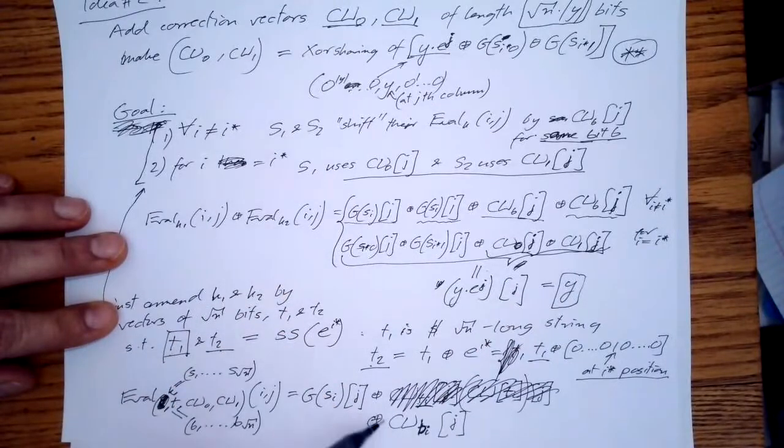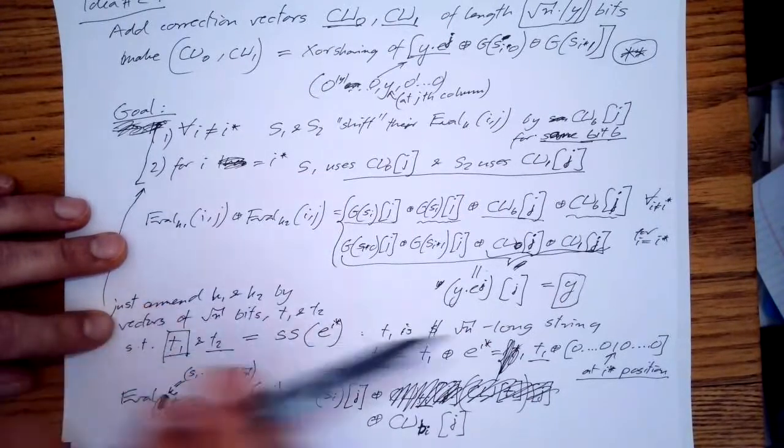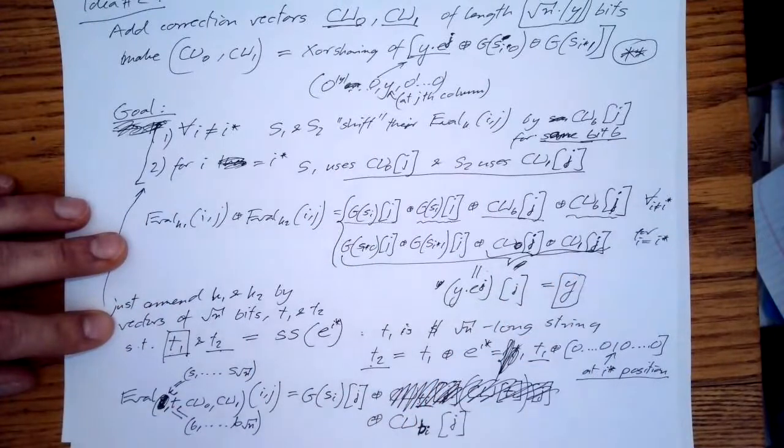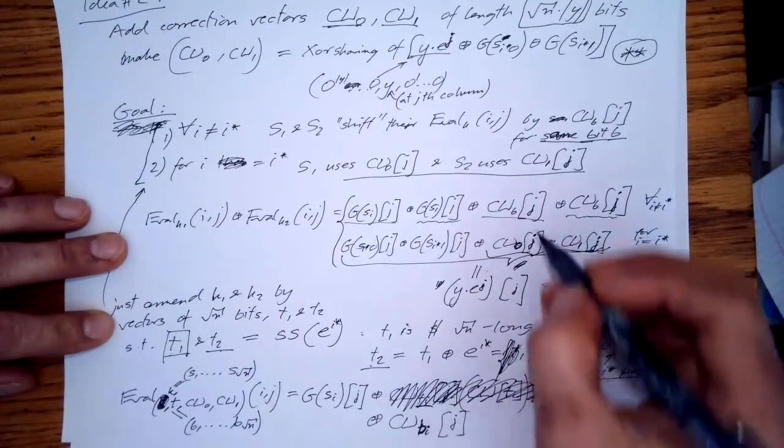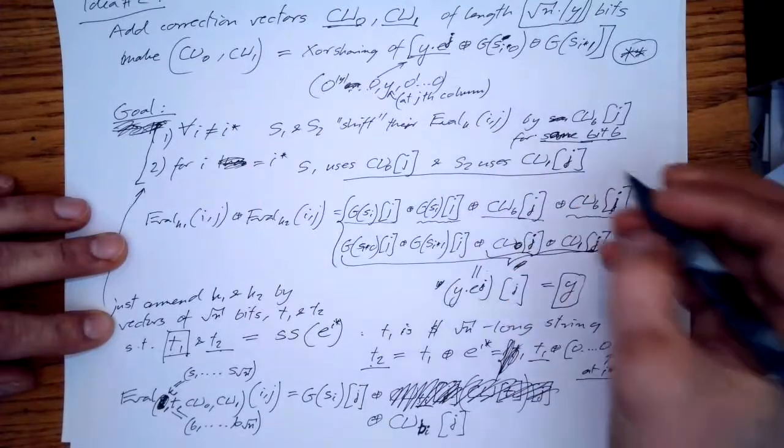And then I also have the contribution from these corrections. If I is not equal to I star, these bits in T1 and these bits in T2 are the same, by this property. So therefore, it's some B.